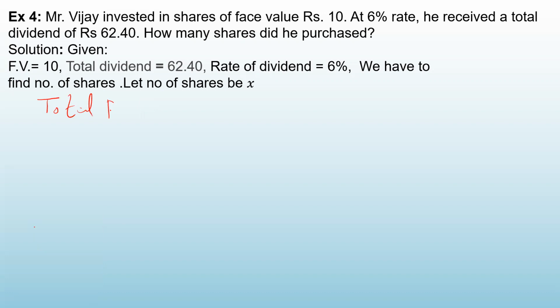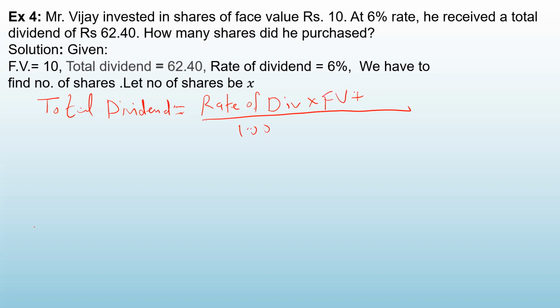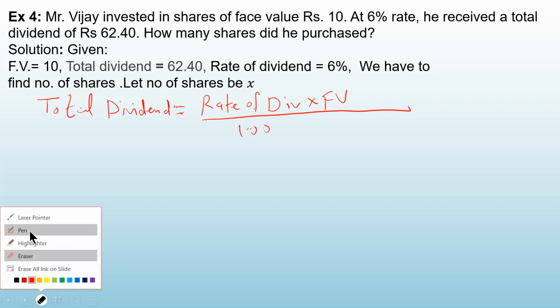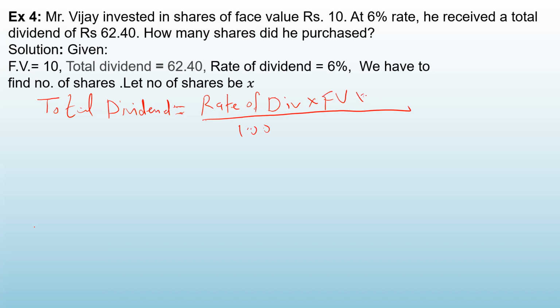Total dividend is equal to, you know, rate of dividend divided by 100 into face value into number of shares.